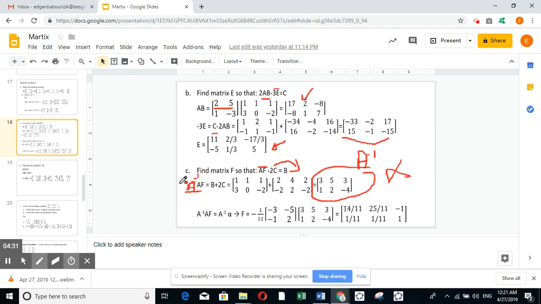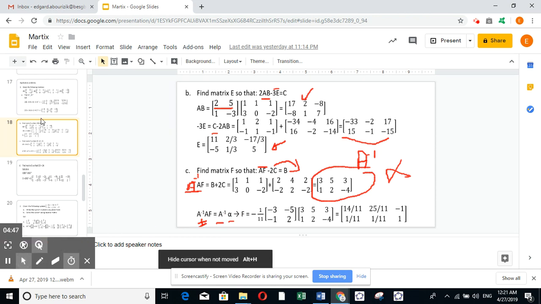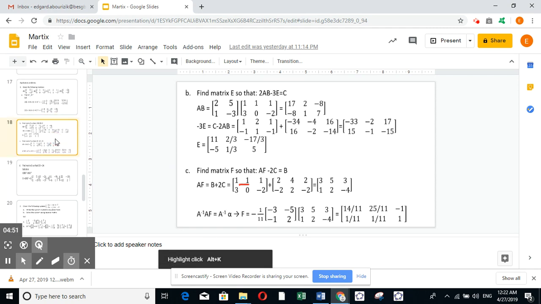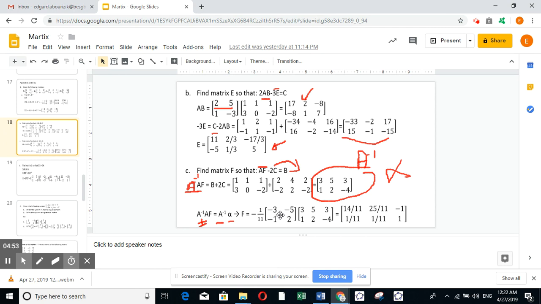Because I multiplied to the left, I must multiply here to the left. As you can see, A inverse times alpha. So A inverse times A is the identity matrix, and the identity matrix times F is F. Now I have A inverse. We found A inverse, as you can see, this is A inverse. So I write it again here.